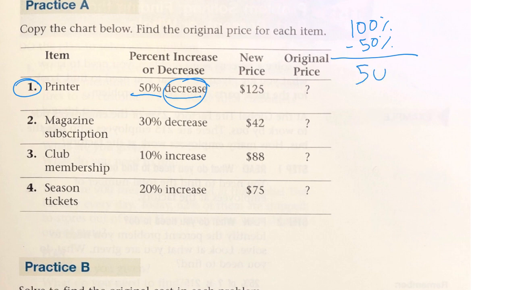So we're working with our 50%. Now we're going to turn this percent into a decimal, 0.50, and we're dividing by the part. We need to find the whole, which is the original price. We've got a decimal to move out of the way, and so the decimal goes over there.